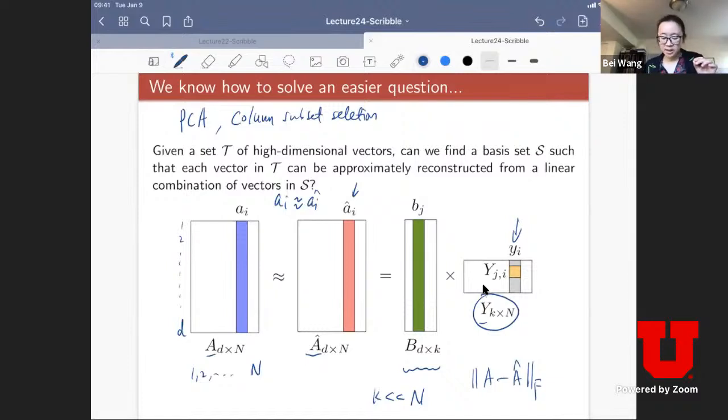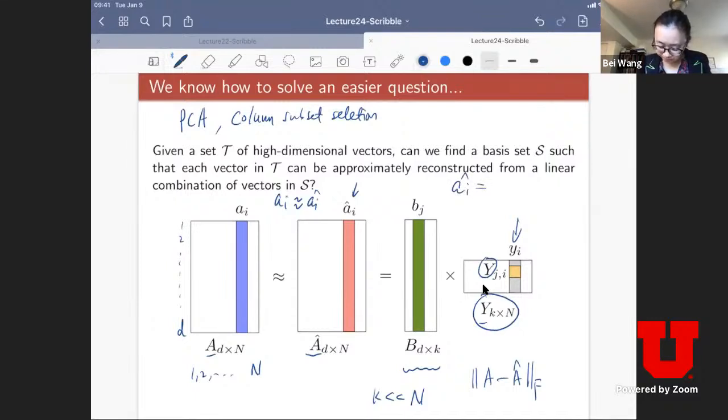is that every single entry, basically this Y matrix, provides the coefficients for explaining a_i hat as a linear combination.